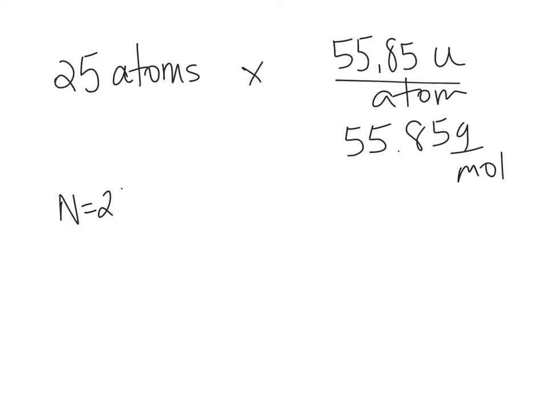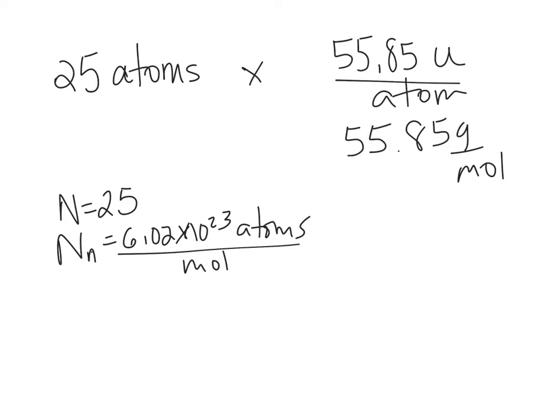N is 25. NA is Avogadro's number. So now you can find moles. Once you have moles, you've got molar mass, you can figure out grams.